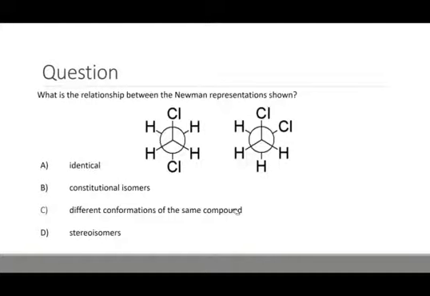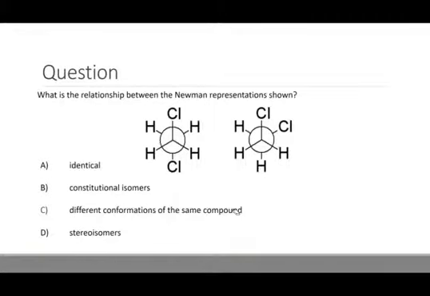So let's do a test of this. Let's think about going from Newman projections to drawing and the relationship of molecules in this case. So here we have two Newman representations. And the question is, what is the relationship between them? Are they an identical molecule?